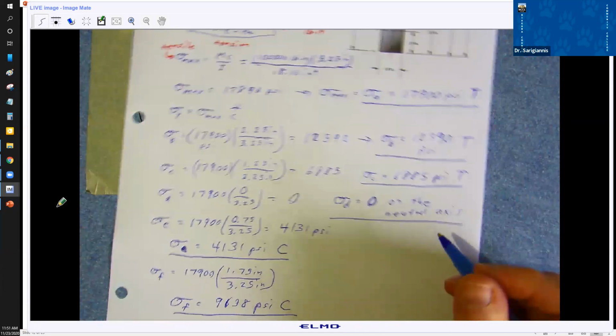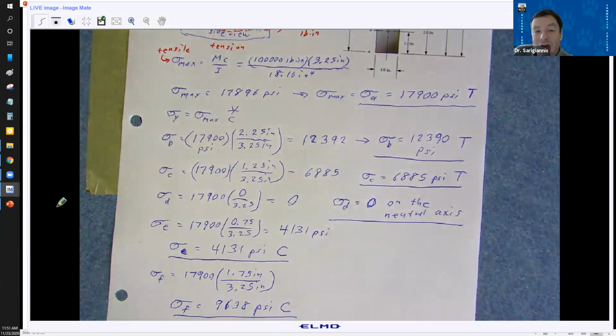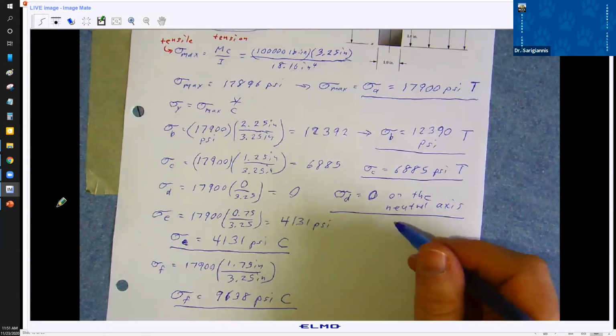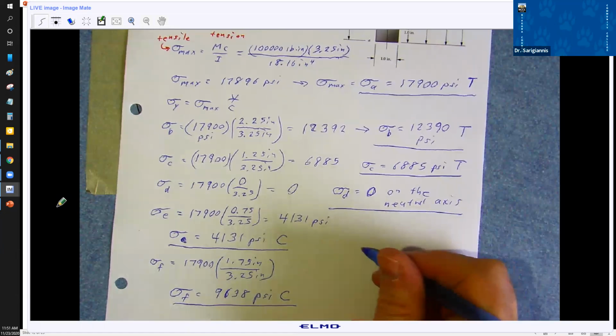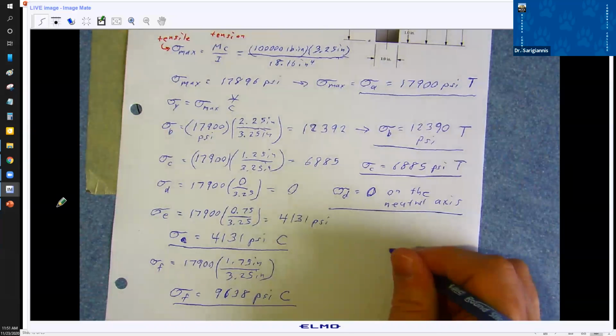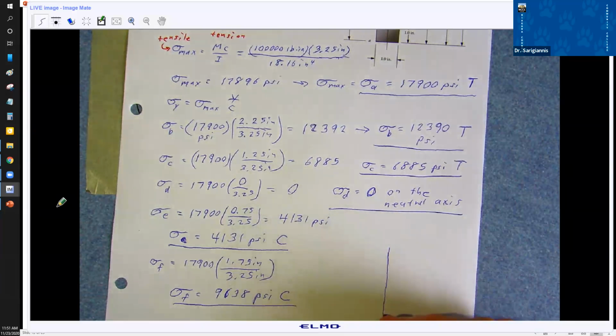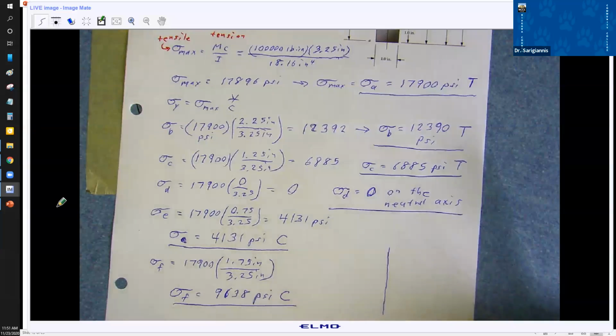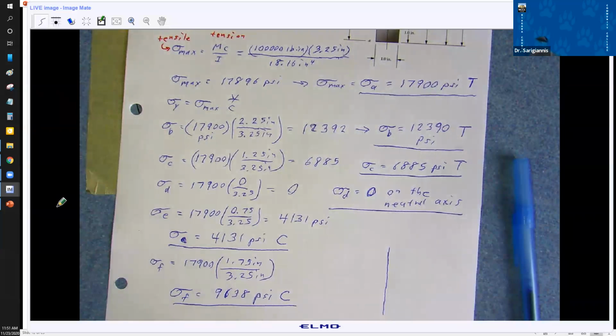So now we can draw, oops, let me just quickly draw the diagram and then we'll end. We can draw the beam here. How am I going to do this? Sketch out an axis. I've got a pencil.